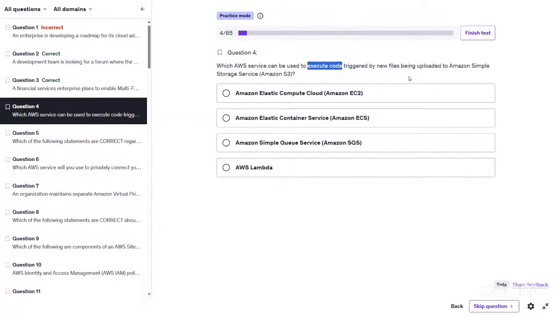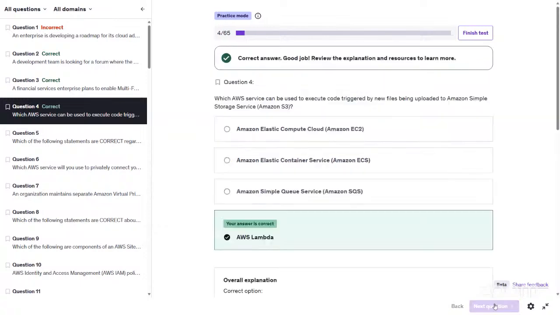The correct answer here is going to be Lambda, right? Lambda is going to do it automatically if you set it up to be triggered by the upload action. S3 has something called event notification. When that event notification is triggered, it will cause the Lambda function code to run. All right. So Lambda is the correct answer there.